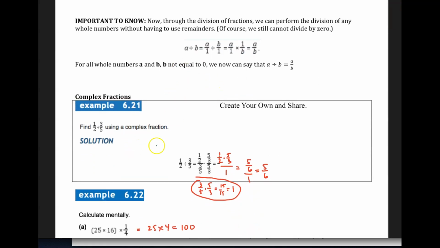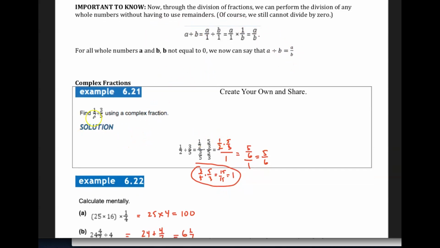And then lastly, there's a unique way to solve these problems too, through what's called the complex fraction approach. Looking at this idea of complex fractions, 1/2 divided by 3/5. Take a look at how this was written, 1/2 over 3/5. What we do is multiply the top and bottom by the reciprocal.